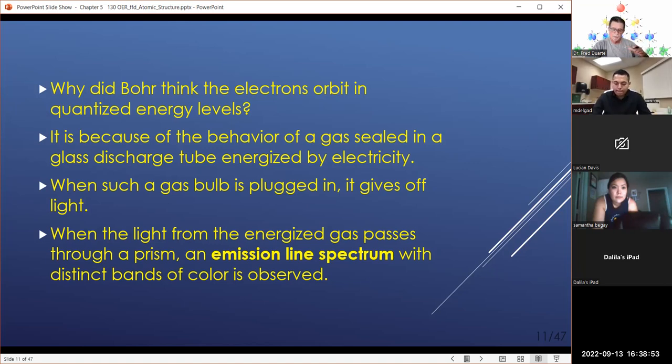If we run it through a special process, we get what's called an emission line spectrum. The same thing happens next time you see a rainbow, okay? When you're looking at a rainbow, you see the visible wavelengths, because the water droplets are taking the light that you see out there and breaking it up into the different wavelengths.